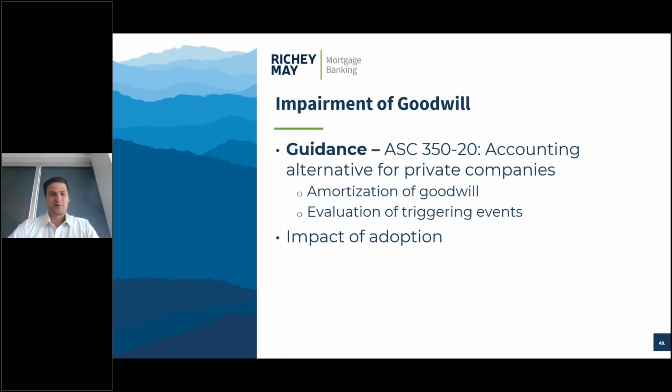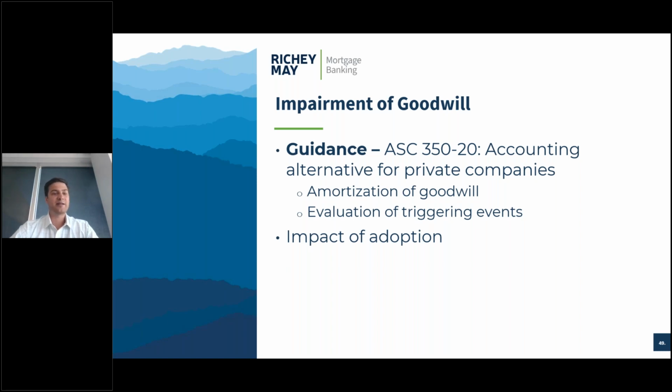As I just mentioned, goodwill is recognized in a business combination when the acquirer is willing to pay more for a business than the sum of the fair values of the individual assets and liabilities. It's an asset that represents the acquired future economic benefits. ASC 350-20 provides guidance for the accounting alternative for private companies.